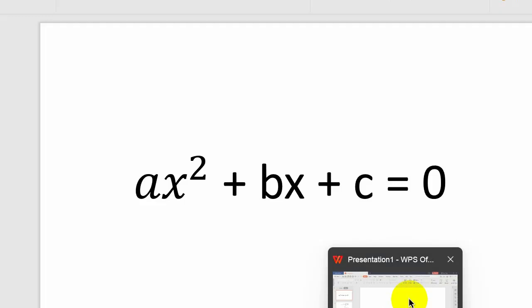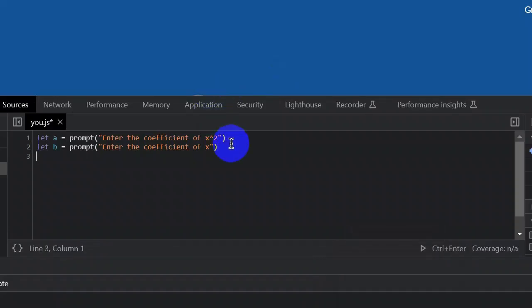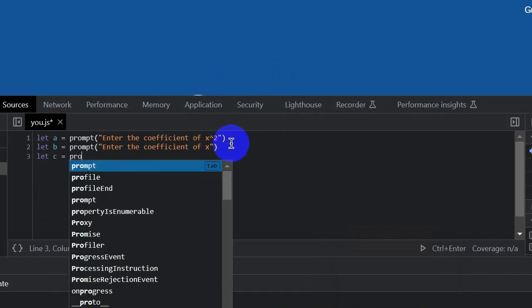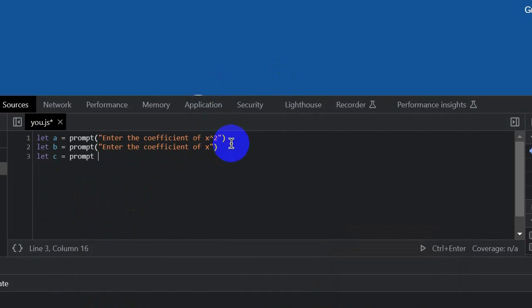Then the c: let c equals prompt, enter the coefficient of the last number, or the constant.